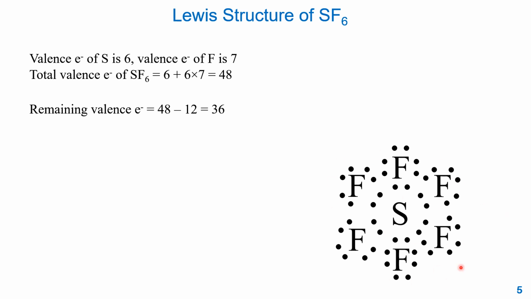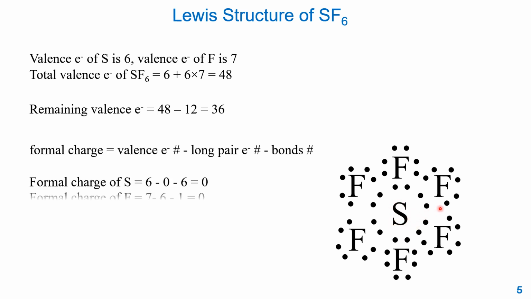Now you can look at this. Each fluorine has an octet. Sulfur actually does not have an octet; it has 12 electrons. But it's okay, because sulfur doesn't have to follow the octet rule. If you calculate the formal charge for sulfur, it's 6 valence electrons minus no lone pair and 6 bonds, which is 0.